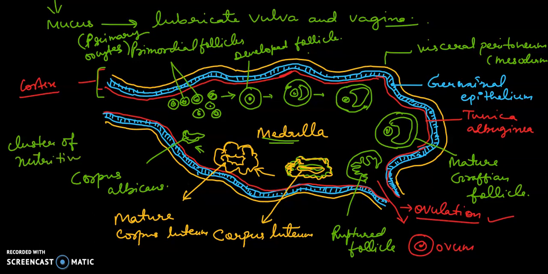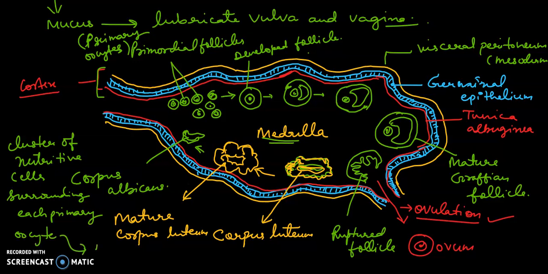The cluster of nutritive cells surrounding each primary oocyte are called follicular cells or granulosa cells.